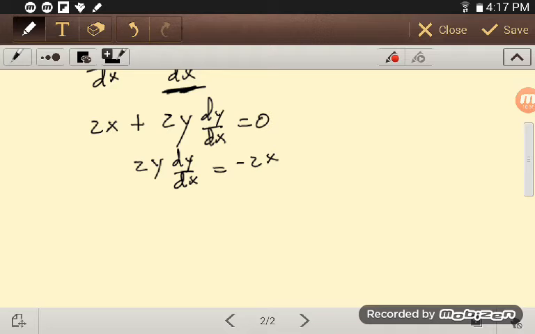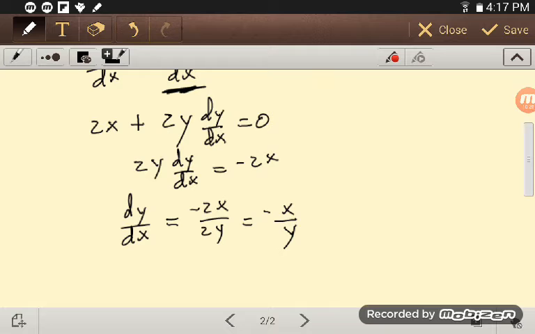And then divide both sides by 2y, and I get my dy dx is equal to negative 2x over 2y, but that's equal to negative x over y. Okay, so we got negative x over y.